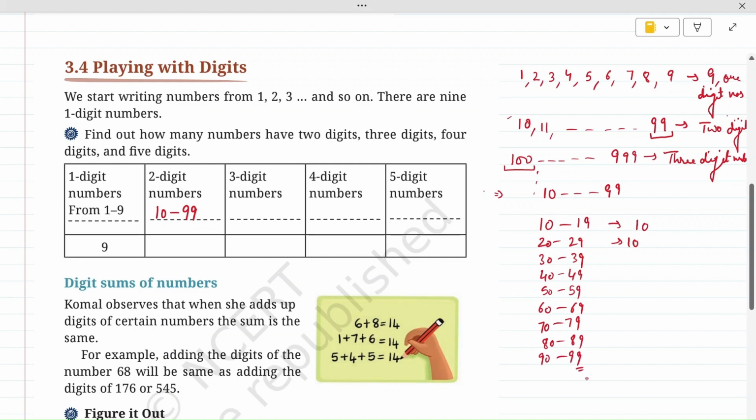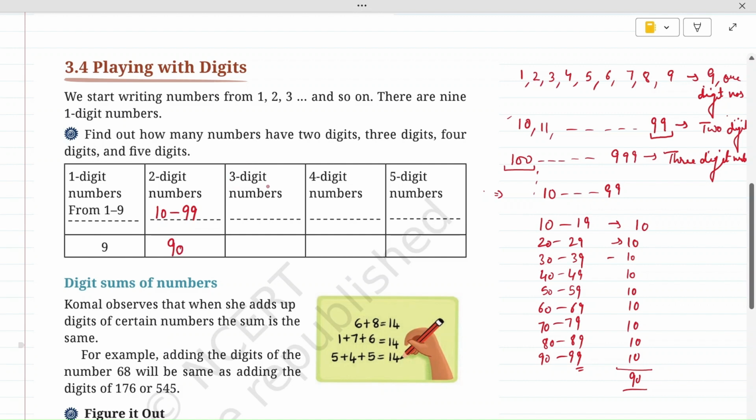Till this number we have to calculate, because this is the largest 2-digit number. In all these ranges we have a count of 10. So if you total it, 1, 2, 3, 4, 5, 6, 7, 8, 9 groups, this is 90. So we have 90 here.